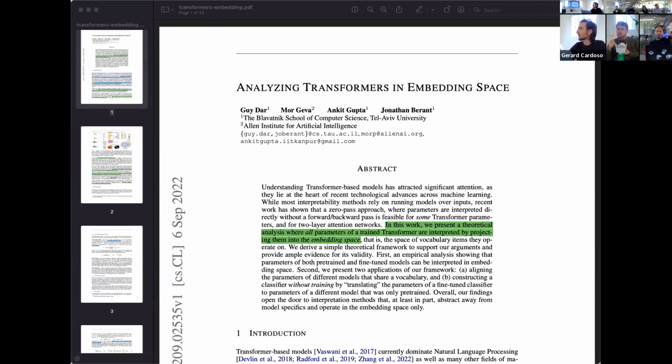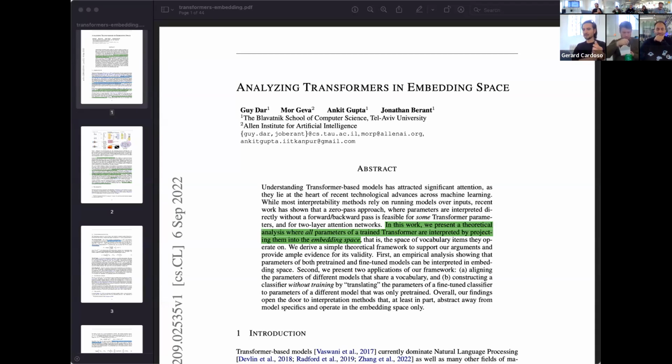So yeah, today I will talk through this paper, Analyzing Transformers in Embedding Space. The reason I picked this paper is I enjoy a chance to review transformers, because we don't look at transformers enough, of course.